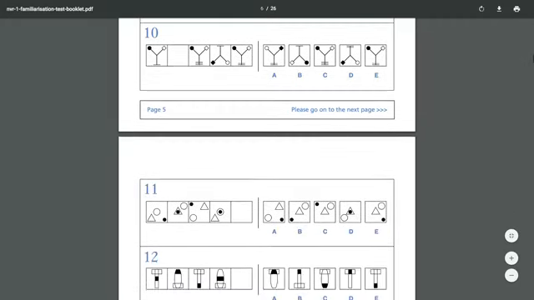What about number 10? What's happening in number 10? Try looking at number 10, what's happening there. In number 10, if you look, the lines are decreasing and increasing. And if you look at the shapes up, the circle and the other shape.